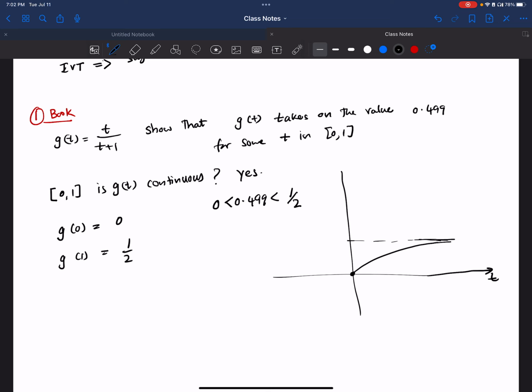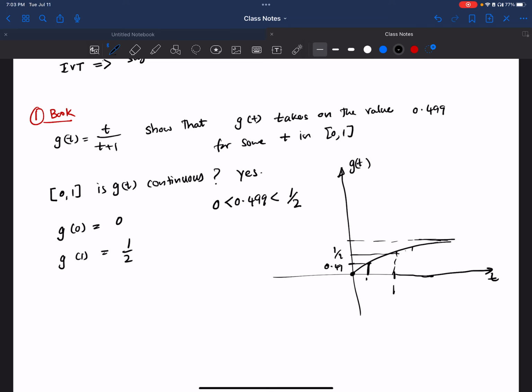So at 1, this is half. But you can find 0.499 here, you will be able to find some value here, right?